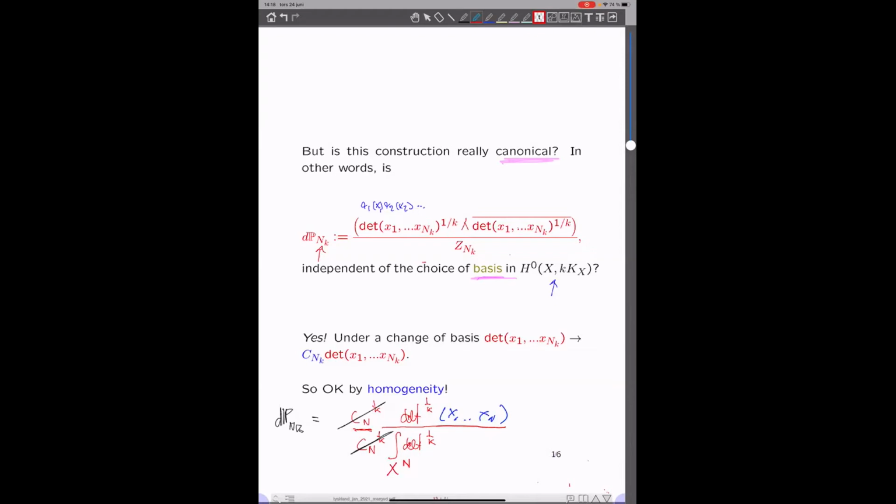And because my probability measure is defined by dividing by the total mass, this constant goes away. It comes up in the numerator and the denominator, and that's why my probability measure is really canonical. To sum up, I've built my canonical probability measure on the n-fold product from these pluricanonical forms.